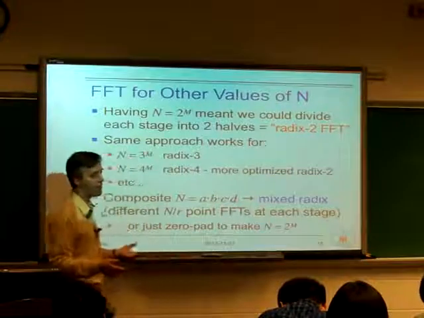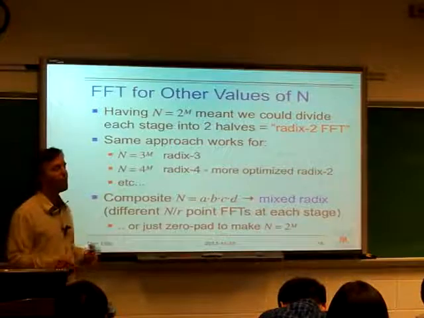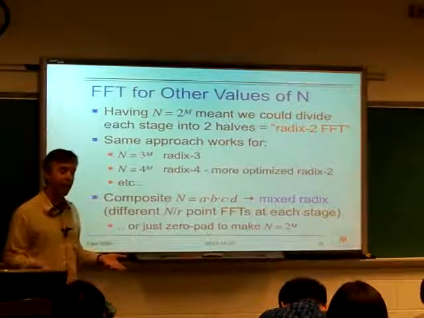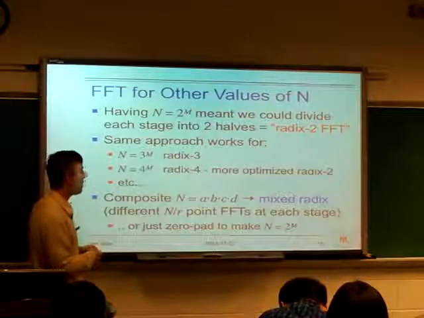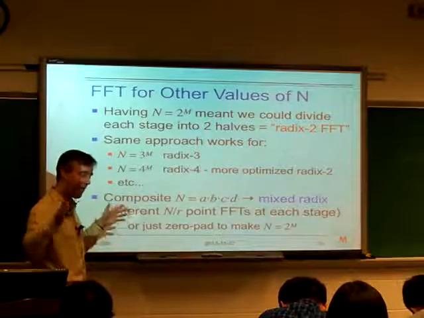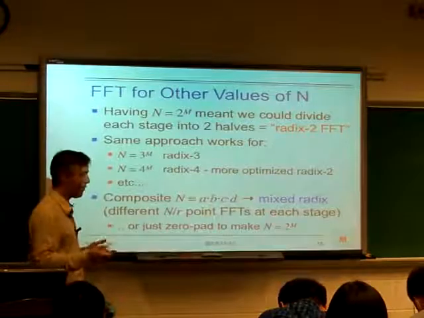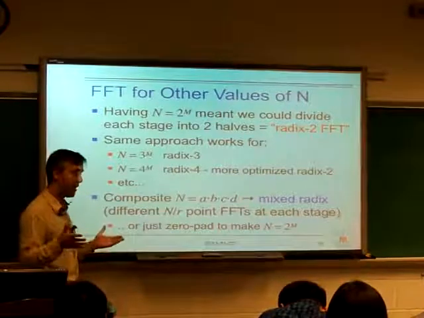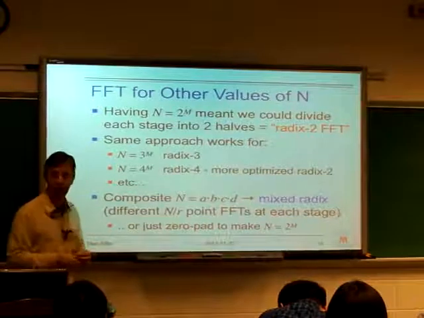In many libraries, a typical library will only implement radix 2 FFT, so it has to be a power of 2 that you pass in. But zero padding just means you have a little extra resolution in your DFT, which is often okay.